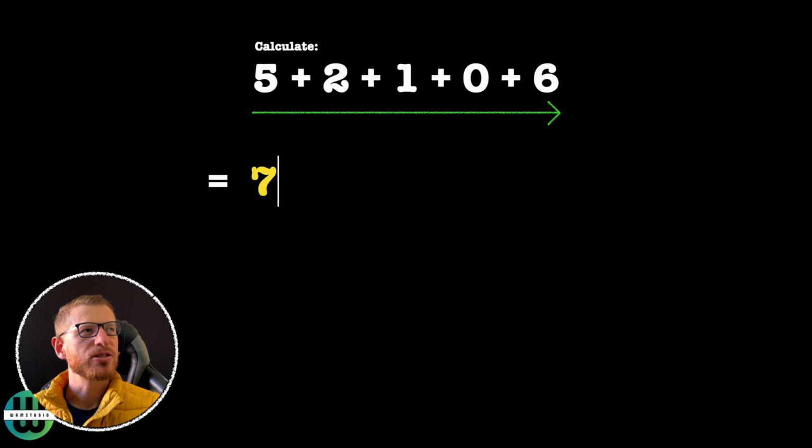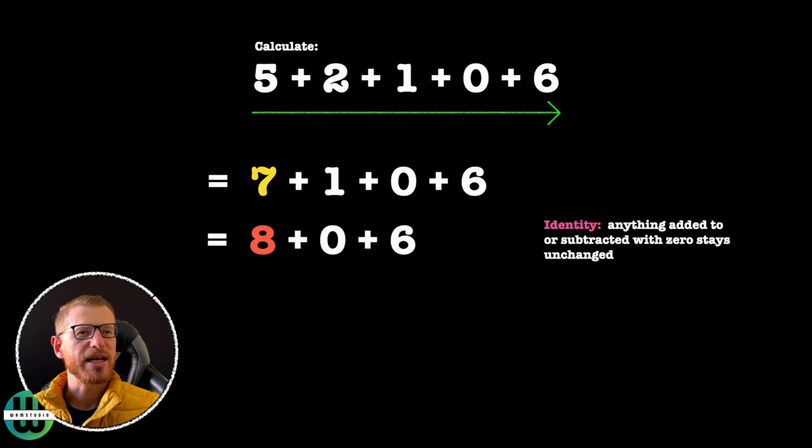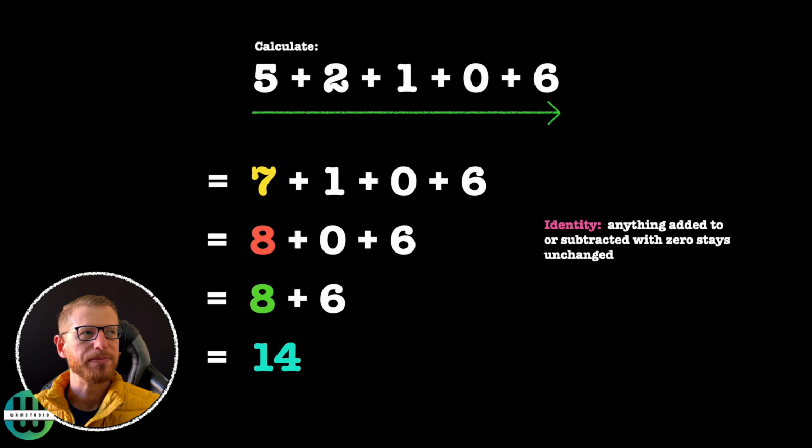So we're going to start by saying 5 plus 2, that's 7. Then we're going to add 7 plus 1, which will be 8. And then we're going to add 0. Now, 0 is an identity in mathematics, and this identity tells us that anything added or subtracted with 0 stays unchanged. So I'm going to still be left with 8. And now I just need to add 6, and my final answer will be 40.